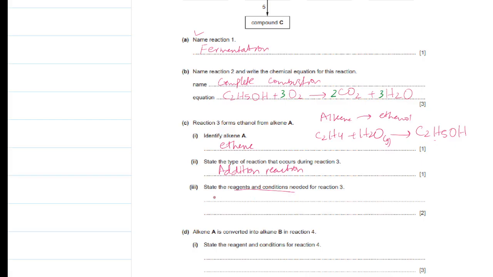So the reagent that is used here is phosphoric acid as a catalyst, and the conditions that are used for this reaction are 300 degrees Celsius and 60 to 70 atmospheric pressure. So these are the conditions. Okay.